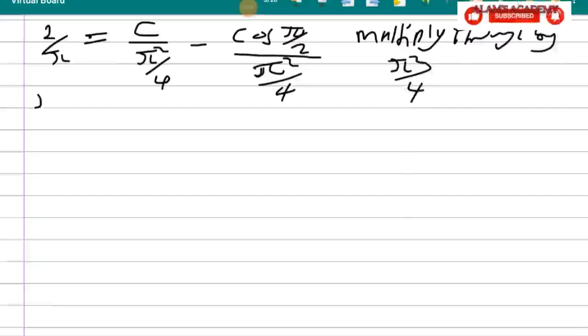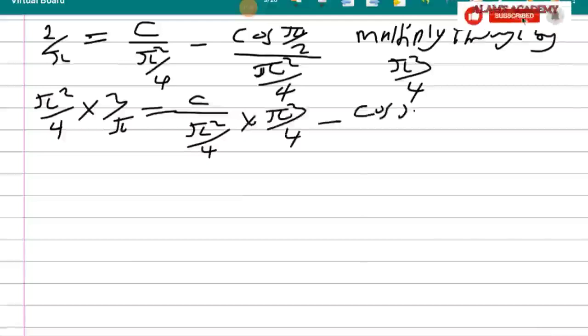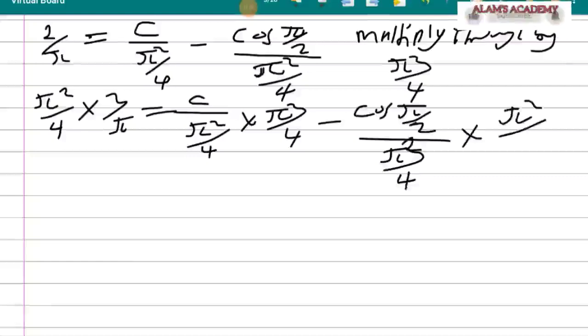So I have pi squared over 4 multiplied by 2 over pi is equal to c over pi squared over 4 multiplied by pi squared over 4, minus cos pi over 2 over pi squared over 4 multiplied by pi squared over 4.